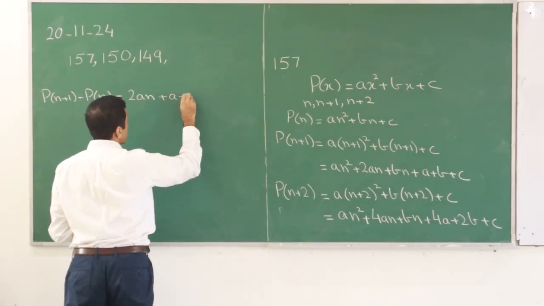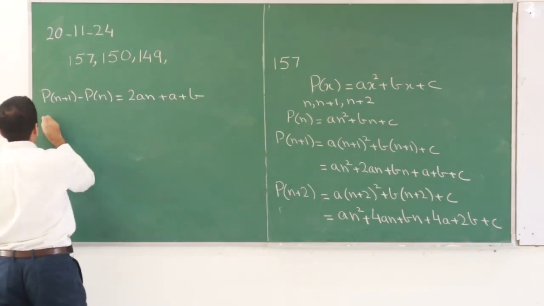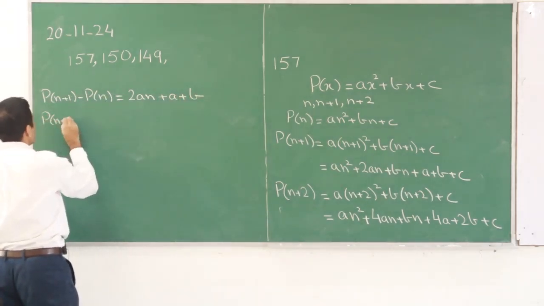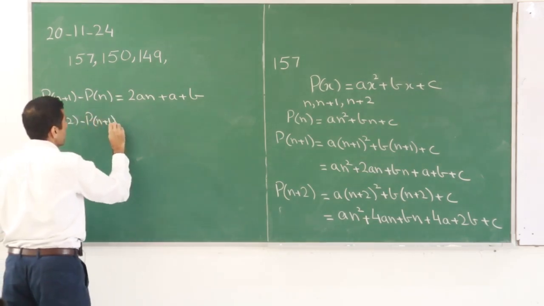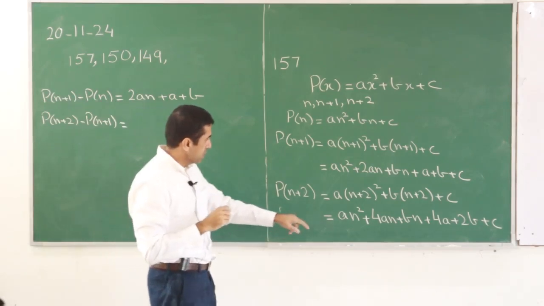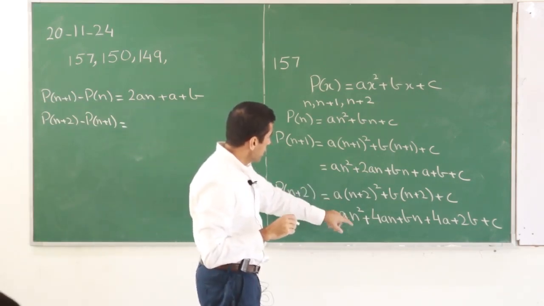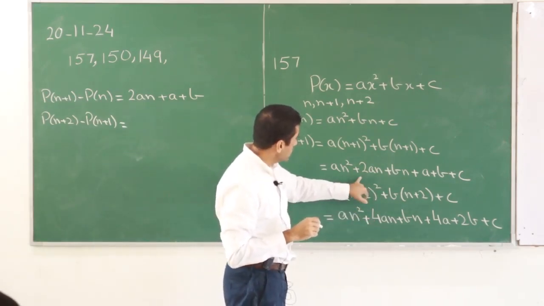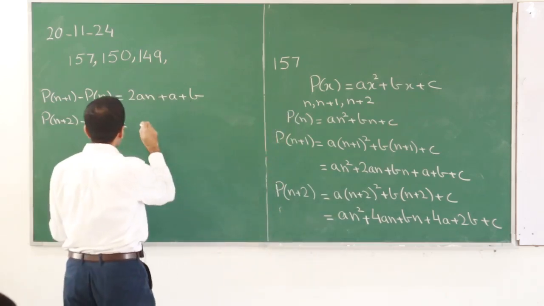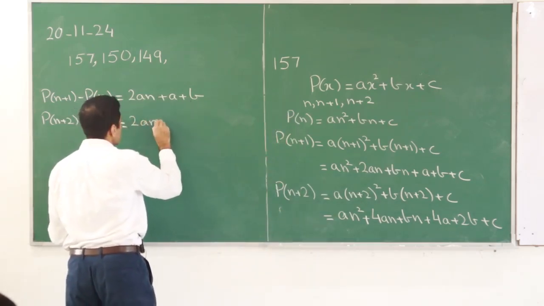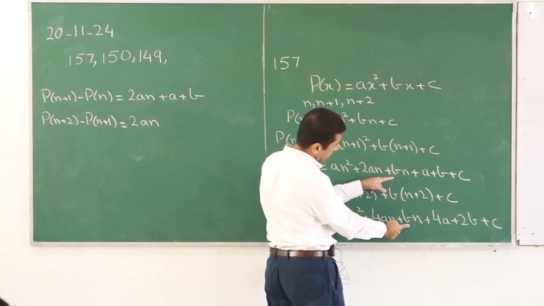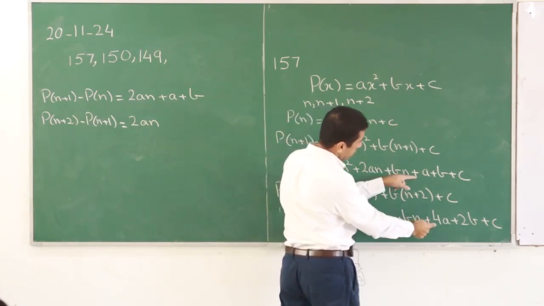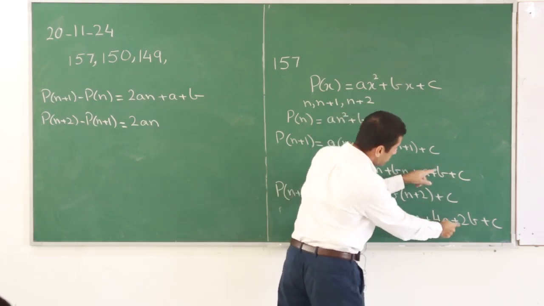That's what I get. And when I look at p of n plus 2 minus p of n plus 1, I again get the an squared cancelled. I'm going to get 4an minus 2an, which is going to be 2an. The bn's will cancel again, right? And I'm going to get 3a plus b.